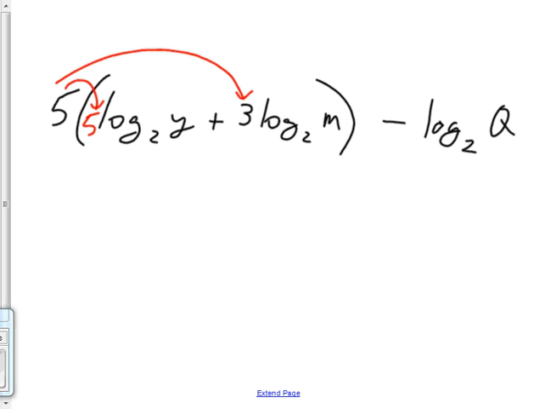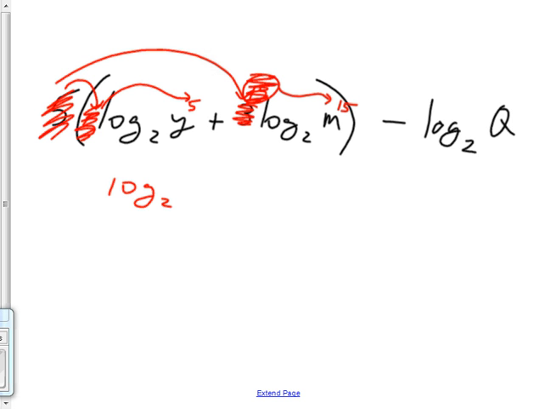And that would become 5 here, and 5 times 3 makes it 15 there. Now, those 5s can go up to the exponent spot right here. And this 15 can go to this exponent spot right here. So now I have log base 2 of y to the 5th plus log base 2 of m to the 15th. Now I'm going to subtract log base 2 of q.